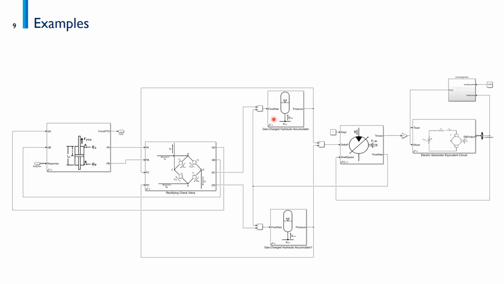One is the high pressure accumulator, the other is the low pressure accumulator. We have the hydraulic motor, and this hydraulic motor is connected to the electric generator. This is an equivalent circuit model of an electric generator. And here we also have a control algorithm. This control algorithm is used to control the speed of the electric generator here.